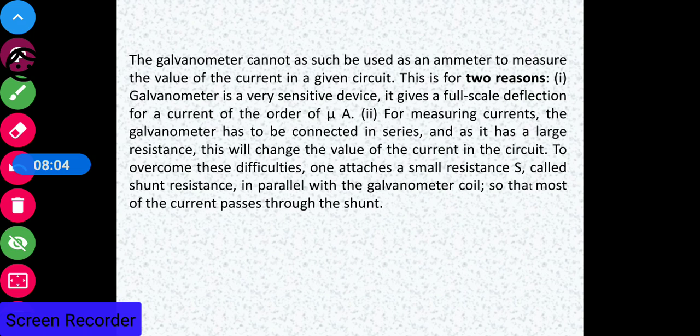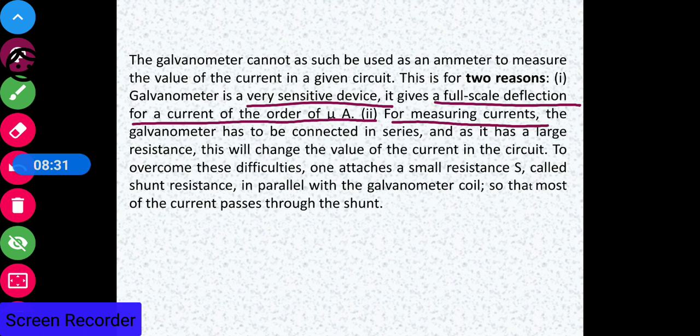Now a galvanometer cannot be used as such as an ammeter to measure the value of the current in a given circuit. It can detect the presence of current, but we cannot use it as an ammeter. For this there are two reasons. One, the galvanometer is a very sensitive device. It gives a full scale deflection for a current of the order of microampere.